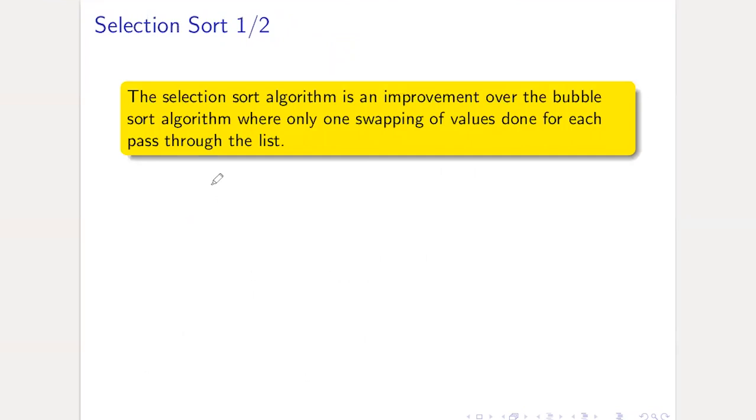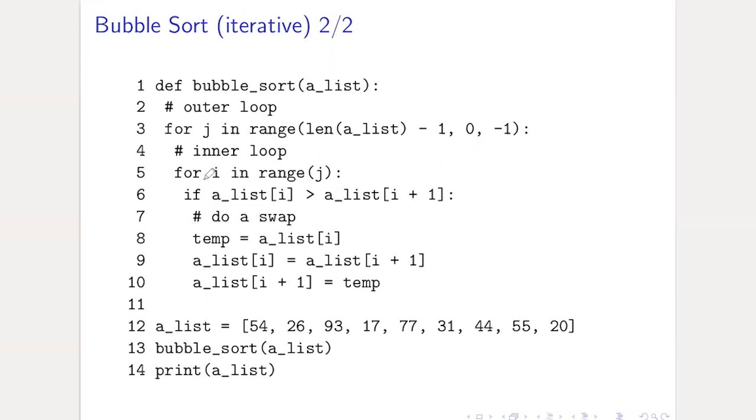Next one is the selection sort. The selection sort algorithm is an improvement on the bubble sort. As you have seen, when we go through the inner loop, we keep on doing swaps, but this swapping is done so that we take the largest item to the correct position.